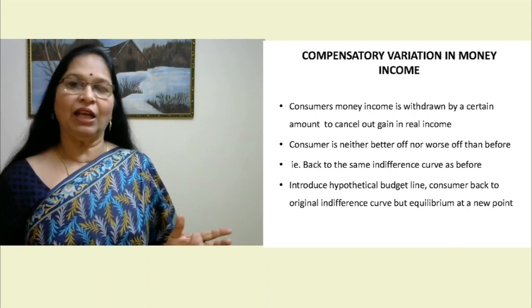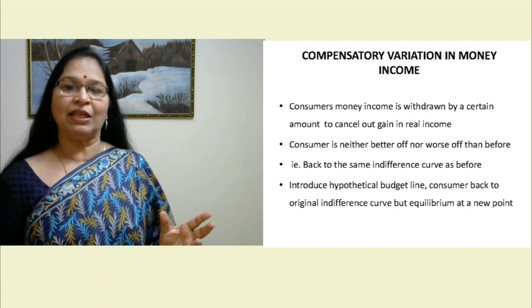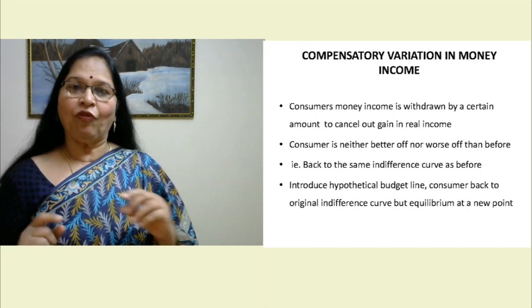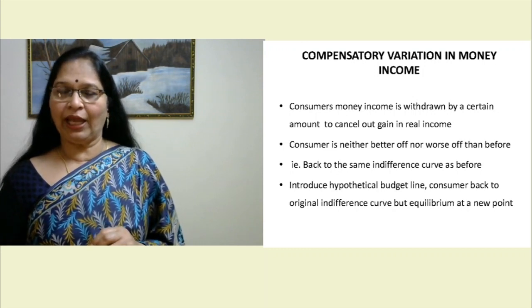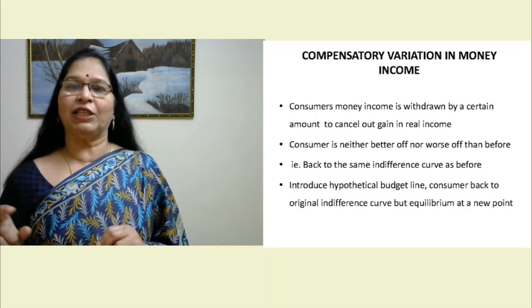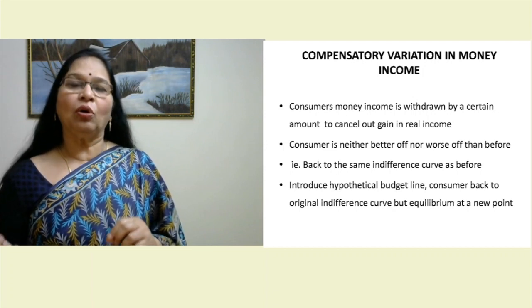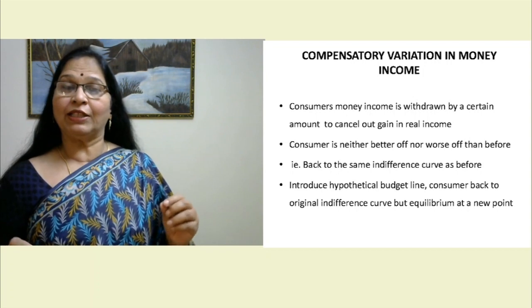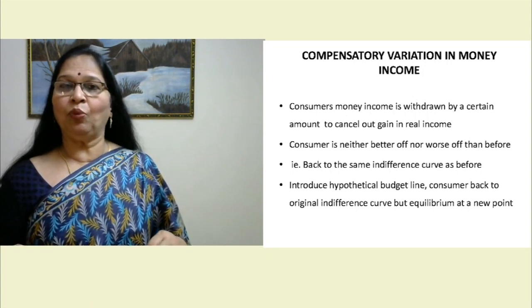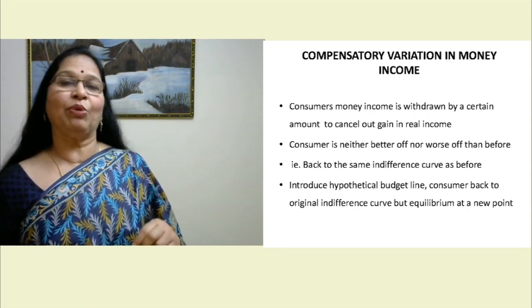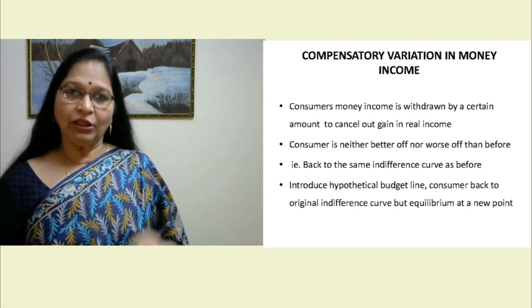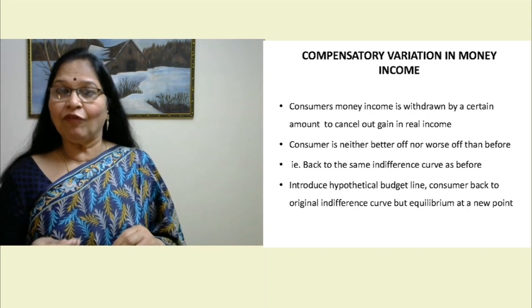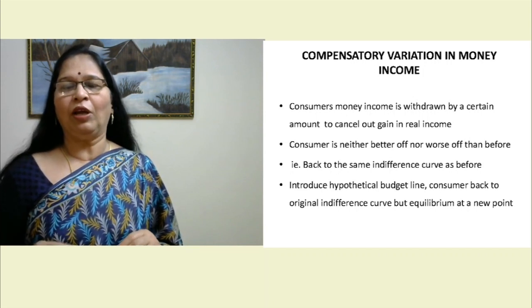We have done in the last lesson how the price lines move. So here, the fall in the price of commodity X allows the consumer to purchase more of commodity X. To understand whether he will substitute commodity Y by X, we want to find that out. For this, we shall withdraw a certain amount of income from him.